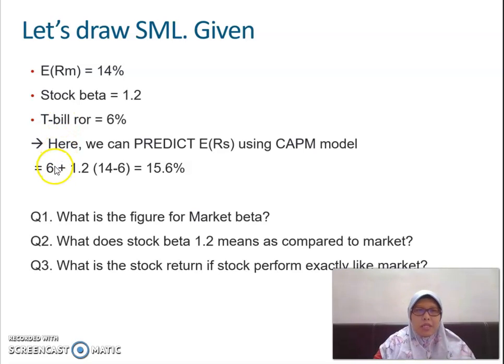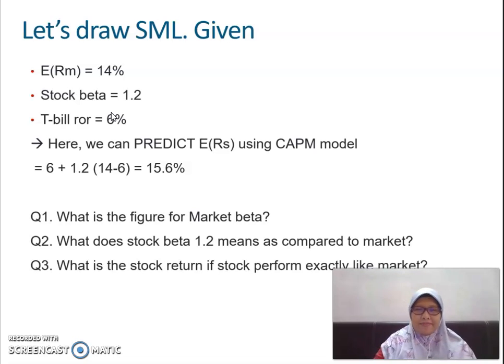It is simply equivalent to RFR plus beta times the risk premium, and this gives you 15.6%. So given this data, you can predict that the expected return of your stock is 15.6%.